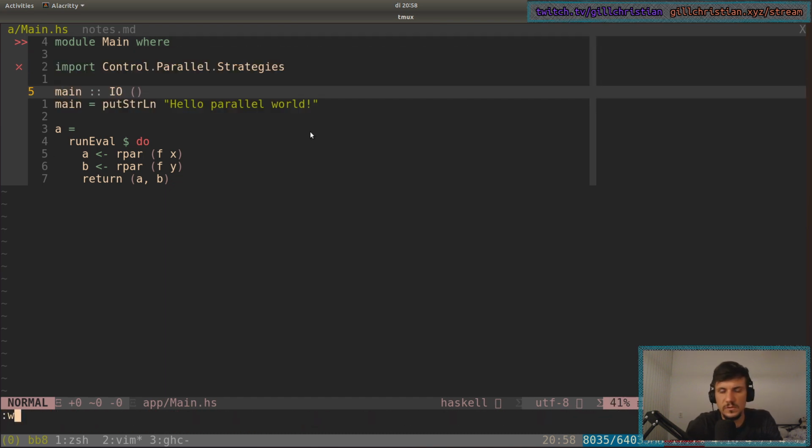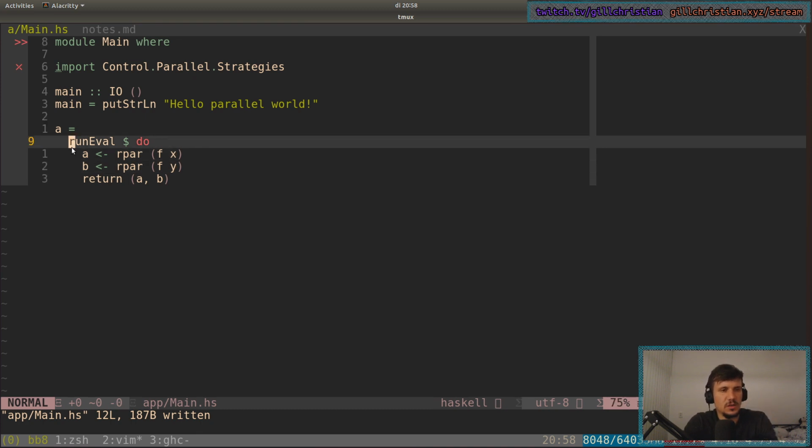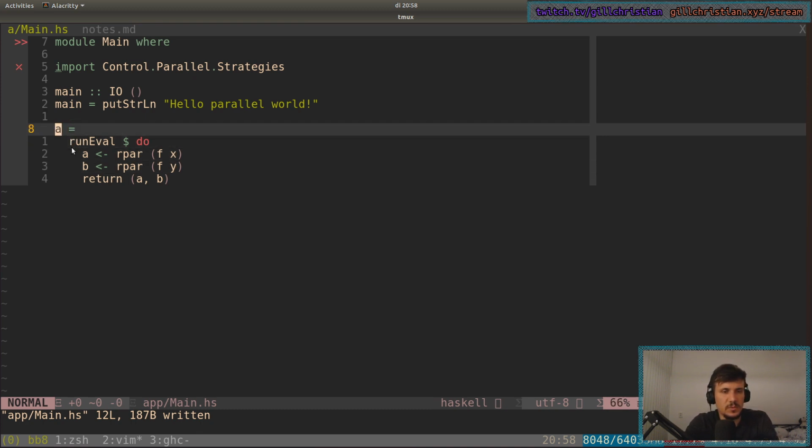So this language is very simple, but okay, so this should be just a tuple with the same type in both.